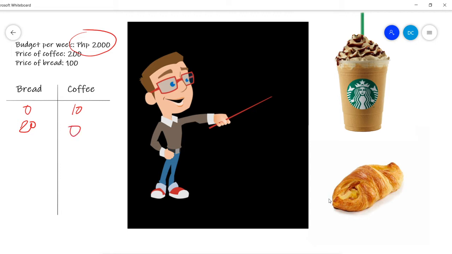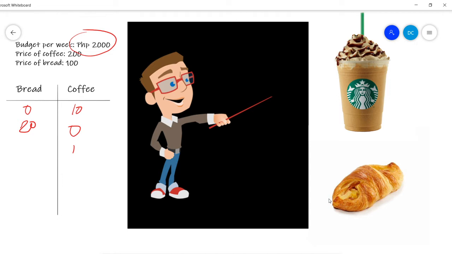So we're going to list down the possible combinations or consumption bundles that I can consume, assuming that I only have 2,000 pesos per week. So paano naman kapag gustuhin kong isa lang na kape ang bilhin per week? That costs me 200 pesos. Ilan kayang bread ang pwede kong mabili base doon sa natira kong budget?